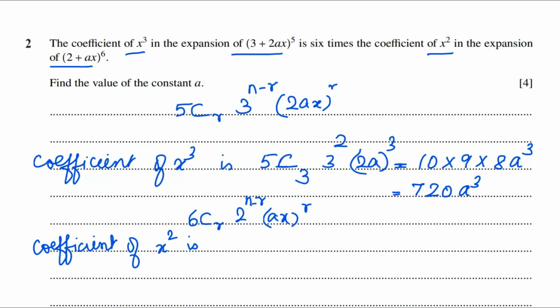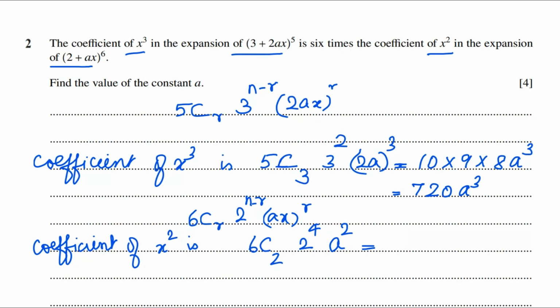Then we will get the x squared term. So 6C2, 2^(6-2), which is 2^4, a^2.